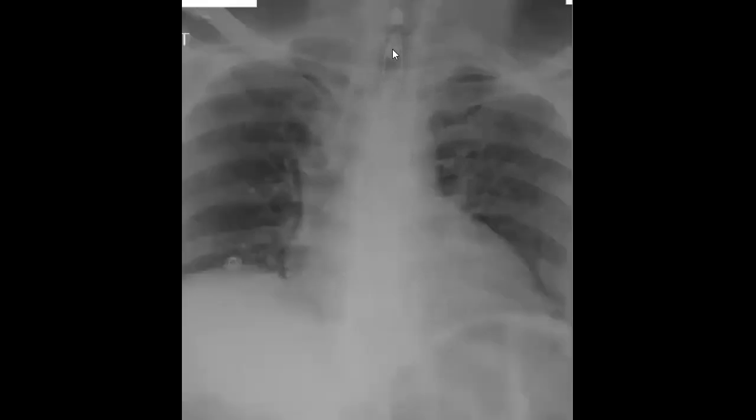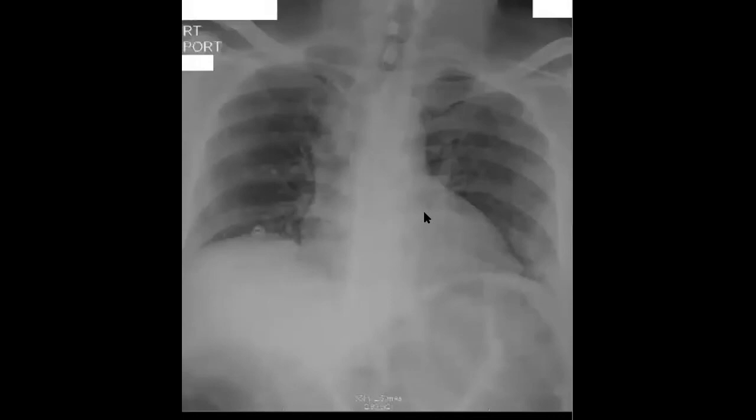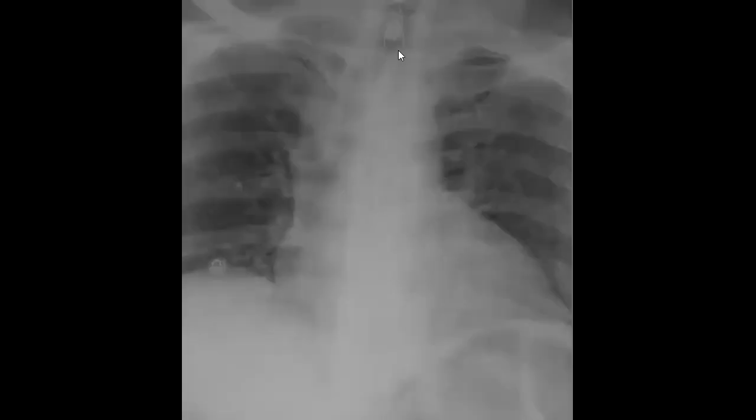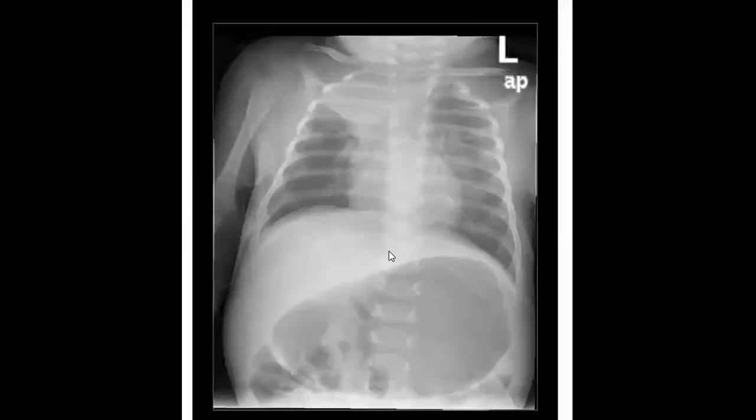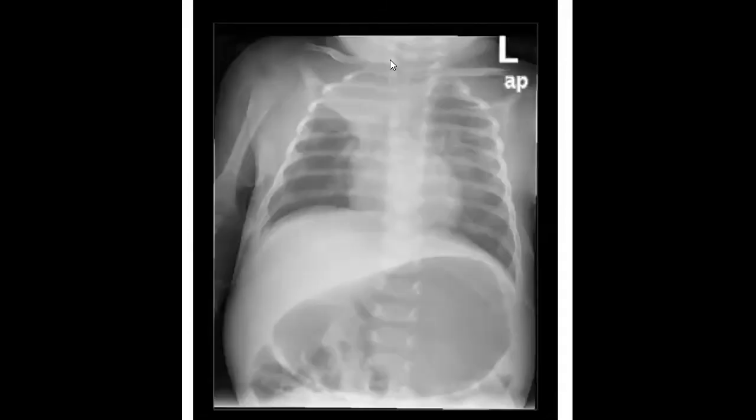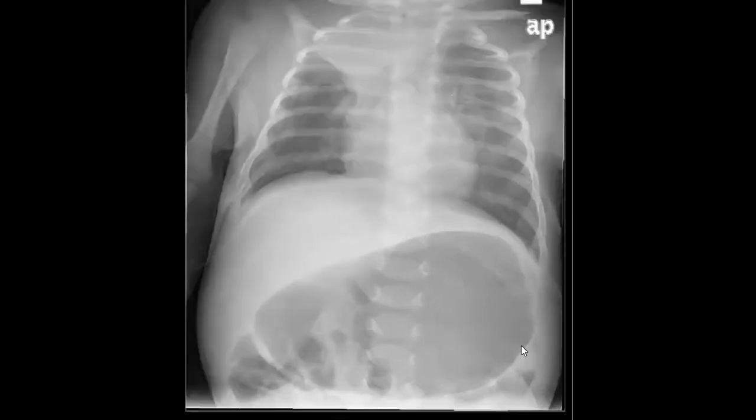So this was called the coiling of the nasogastric tube, it is not in proper position. So there is coiling in the esophagus, probably. Maybe this one is more obvious. Yes, so this one, there is coiling in the esophagus of the nasogastric tube. The nasogastric tube is in the esophagus, which is not good in this patient.